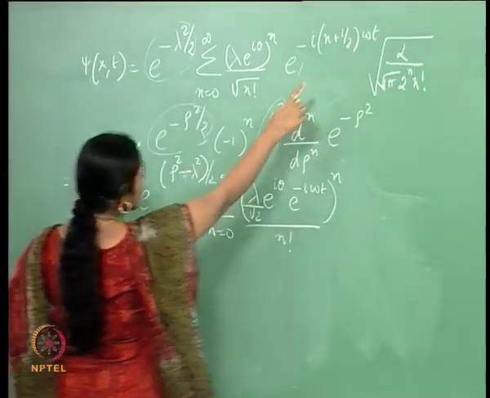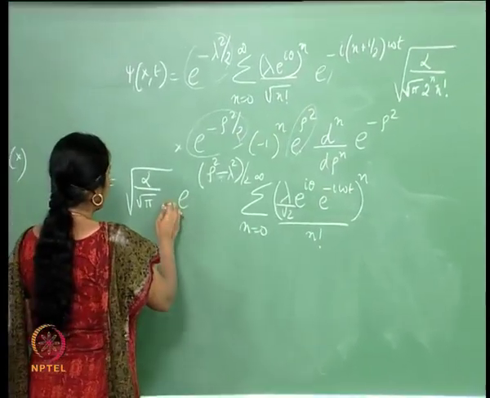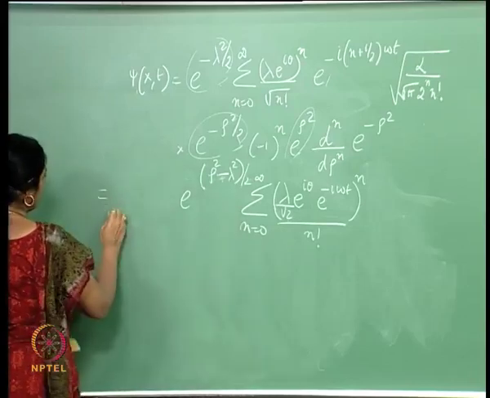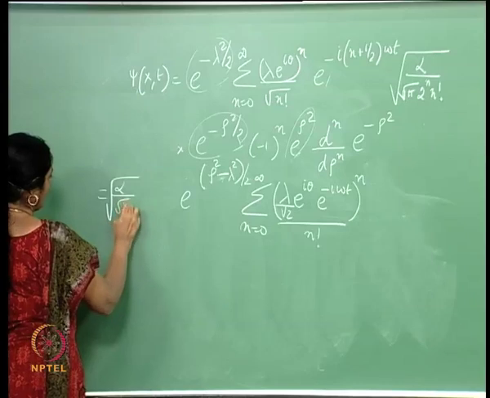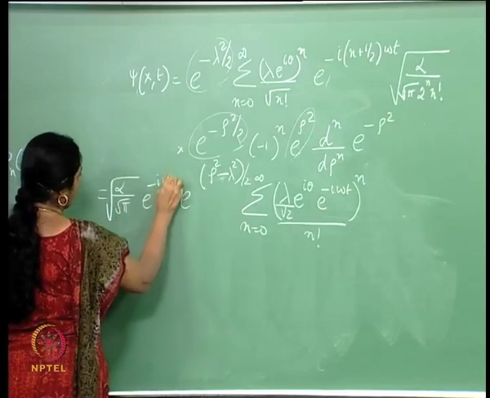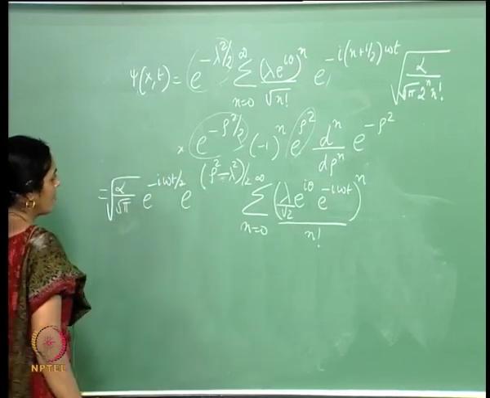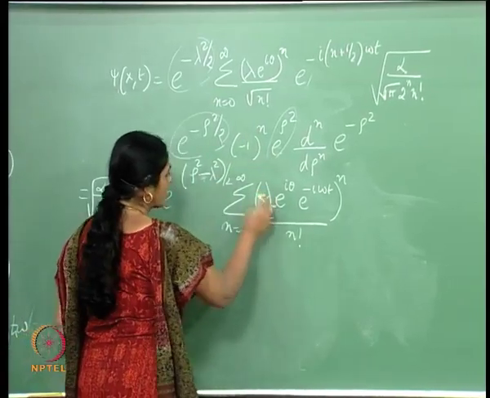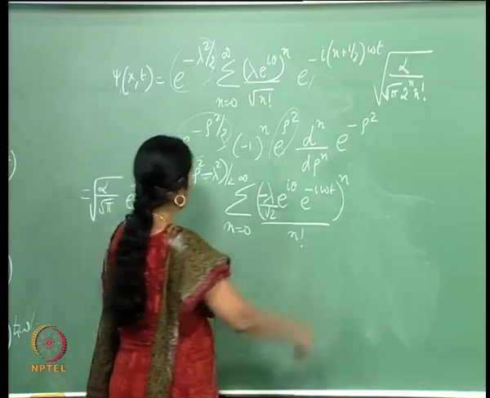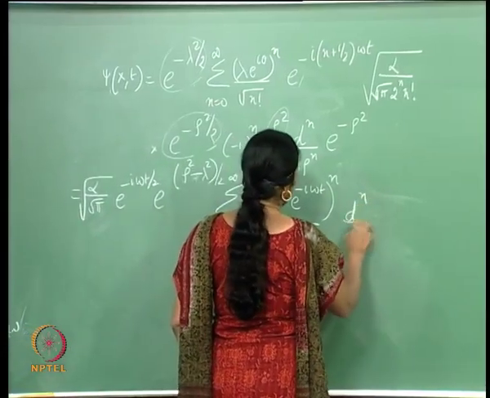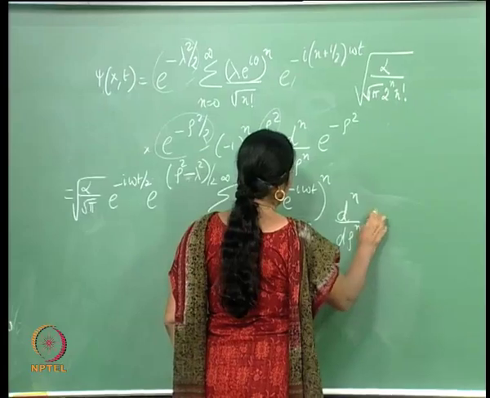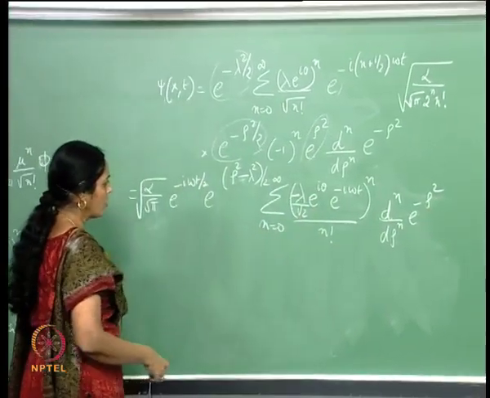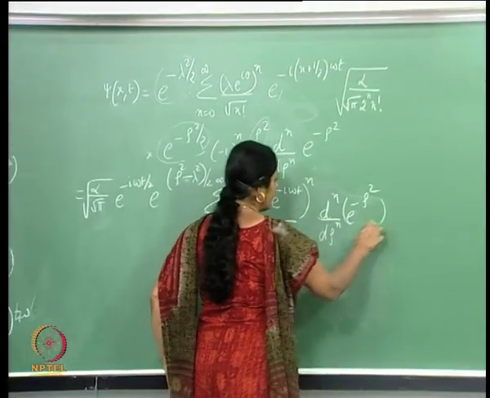But I also have an e to the minus i omega t by 2, which I can pull outside. Minus 1 to the n, therefore I will put a minus sign here, and then I have d n by d rho to the n, e to the minus rho squared.